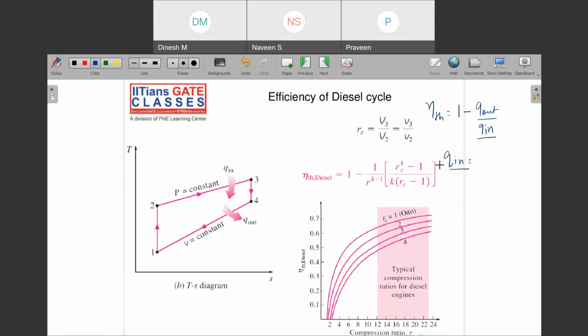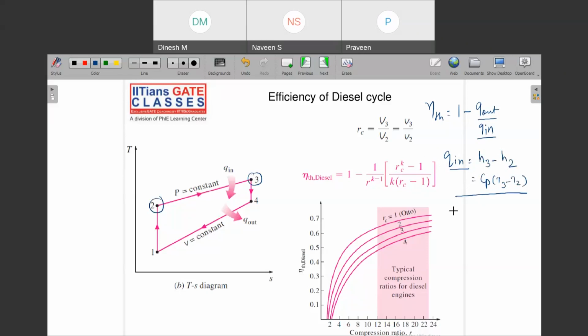Heat is added at constant pressure, and we have seen in thermodynamics that heat added at constant pressure is equivalent to change in enthalpy. And what is that change in enthalpy here? H3 minus H2. So can I write this as Cp (T3 minus T2)?